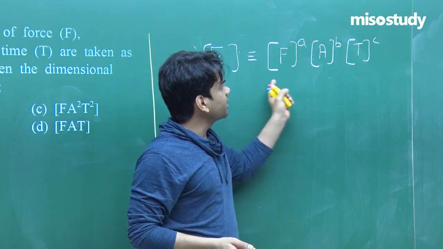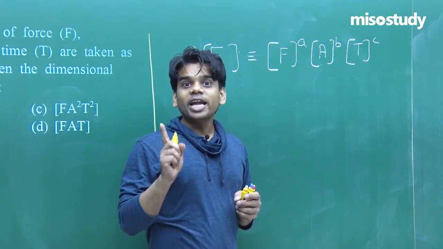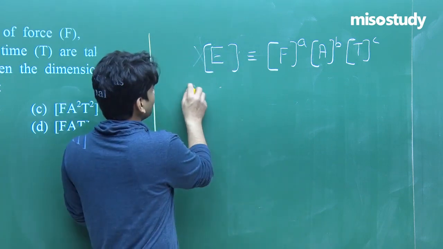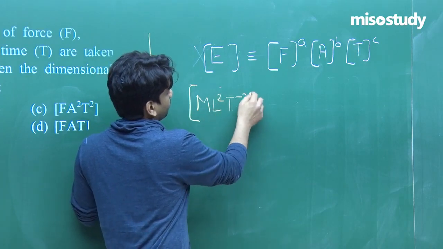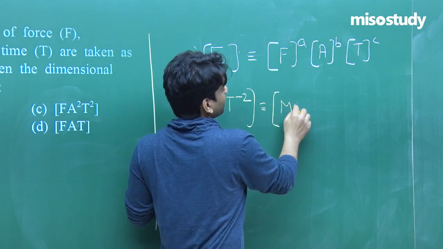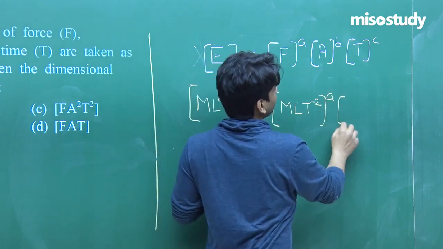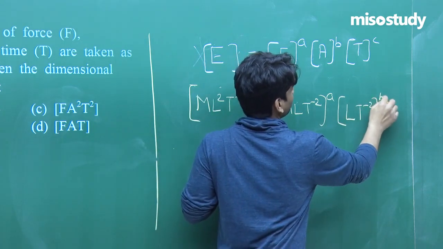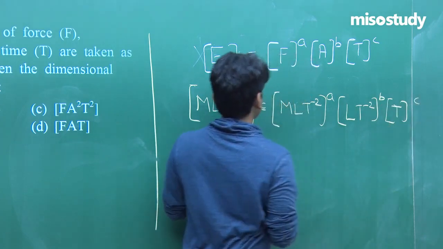Here we have energy, here we have the rest 3, the new fundamental variables. Put up the dimensional formula for each term. For energy, force we know it's MLT to the power minus 2, to the power a, and for acceleration it's LT to the power minus 2, meter per square second, to the power b, and for time we have t to the power c.